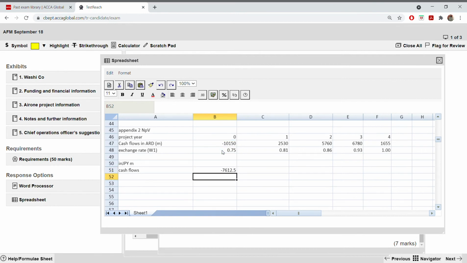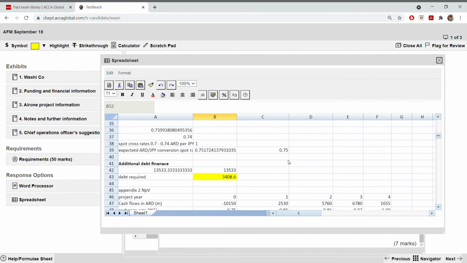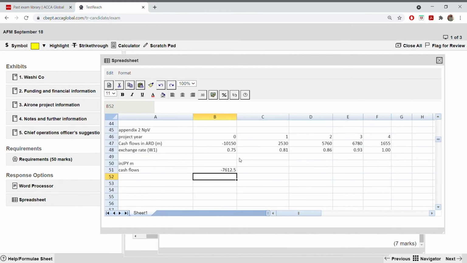It is not multiplication, you have to understand this is division, right? Because this is in ARD and this 0.75 is in ARD per 1 Japanese yen. So you need to divide, not multiply.